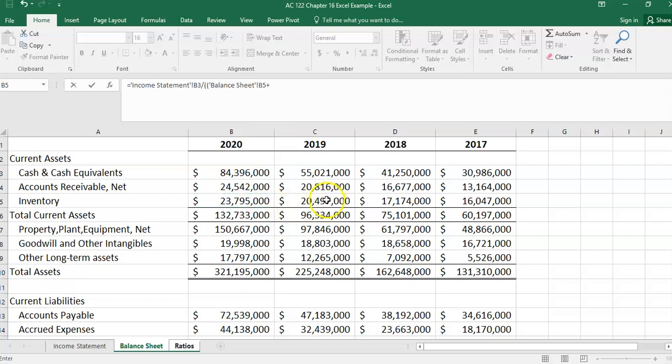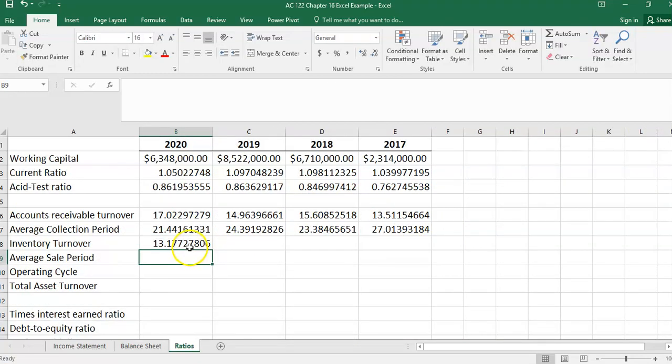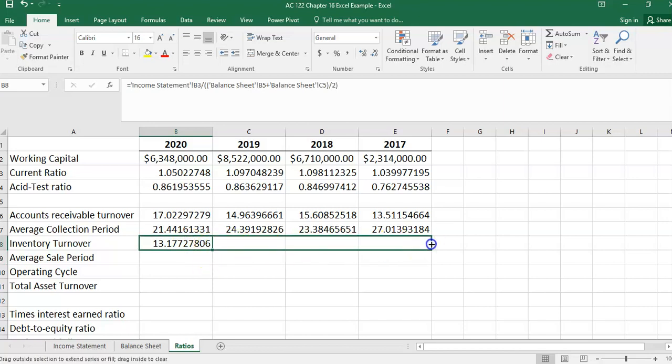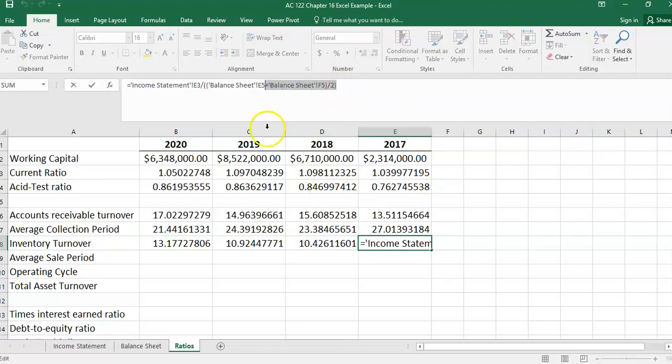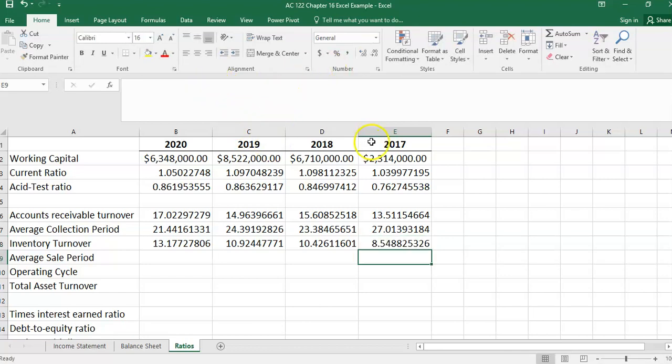We add 2 years inventory and divide by 2. So we turn over inventory an average of 13 times a year. I'm going to fix the formula for the last year by removing that average. This is also improving. We're selling inventory more often than we were in 2017. So this shows good information.